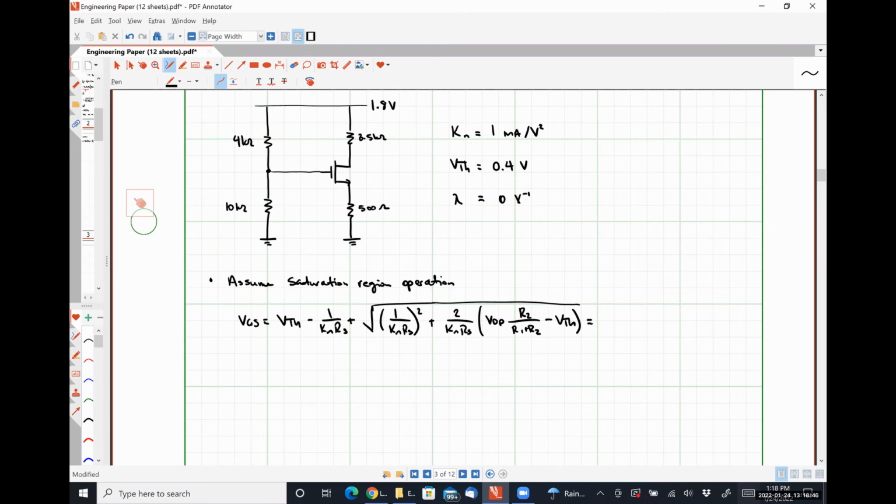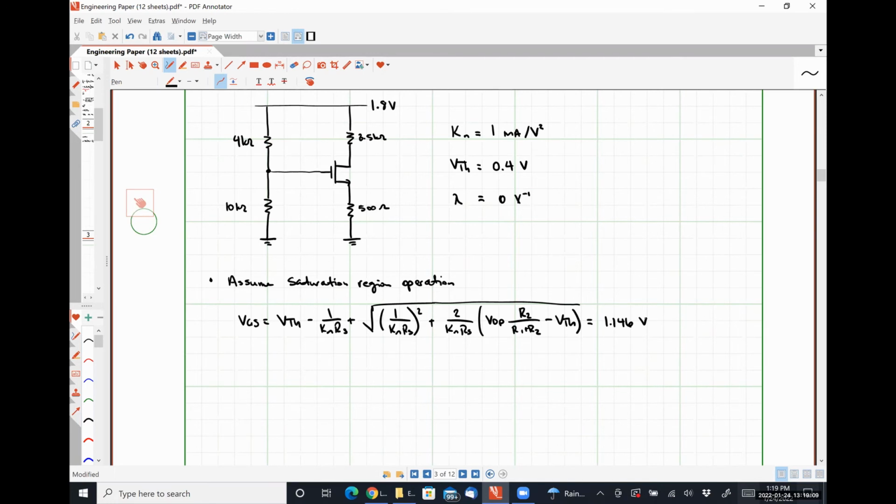And if we plug these values in, so obviously here R1 is 4 kilo ohms, R2 is 10 kilo ohms, and Rs is 500 ohms, we wind up getting 1.146 volts.